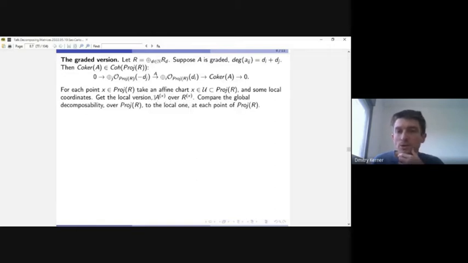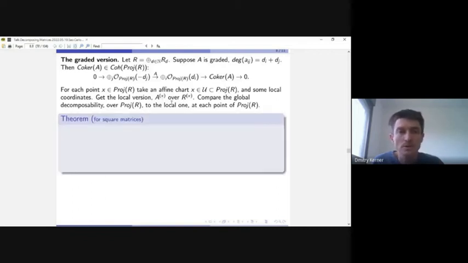And then we can ask about the decomposability of this localized version, or the decomposability of the initial version. Yes, so the decomposability of the global sheaf over the whole Proj R, or the decomposability of the local objects, point by point.